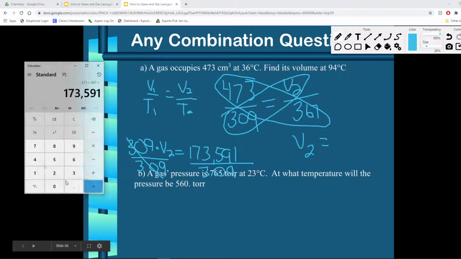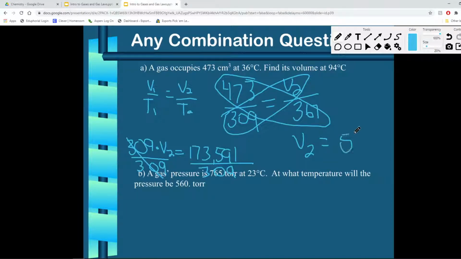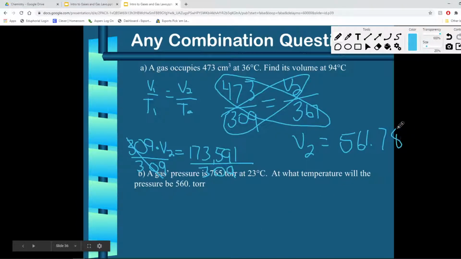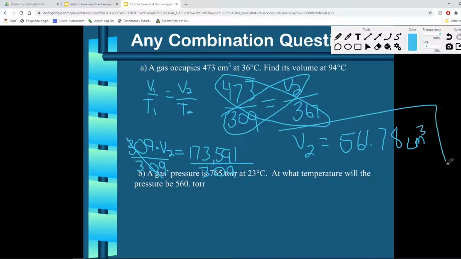So our final volume here is going to be 561.78. So the actual math itself there is nothing new. It's the same law. The only new thing is figuring out which law to use to solve the problem.